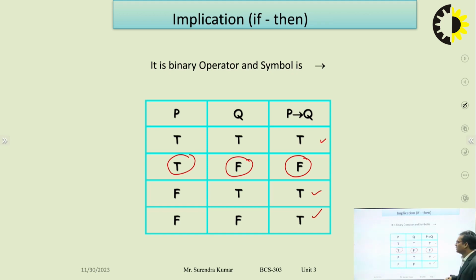Otherwise, in the rest of the three conditions it will be true: P is true, Q is true, it will be true. If P is false and Q is true, then again the implication will be true. And if both are false, then again the implication will be true. So only one condition will be false.